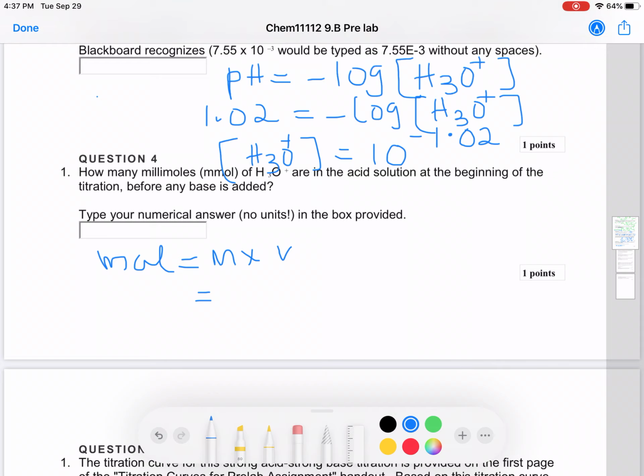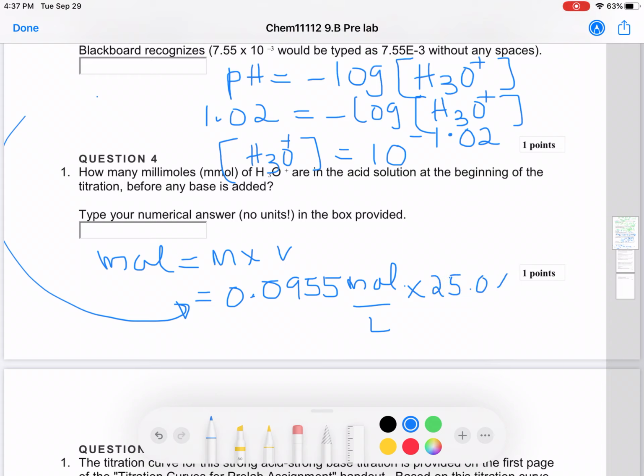I got 0.0955, but make sure you also get the same answer. Okay, 0.0955 moles per liter. And then the volume is 25 milliliters.